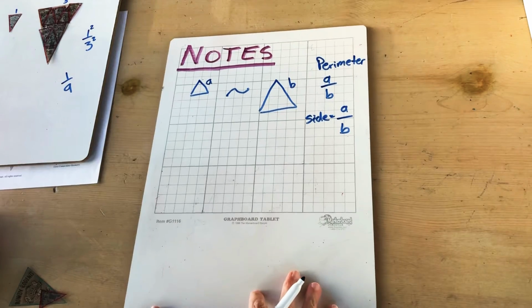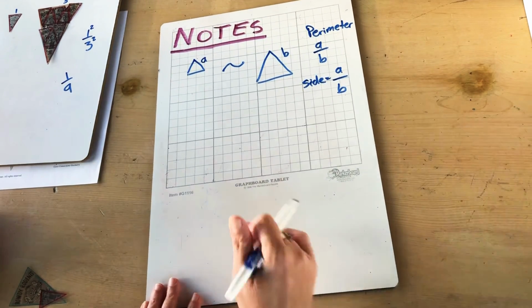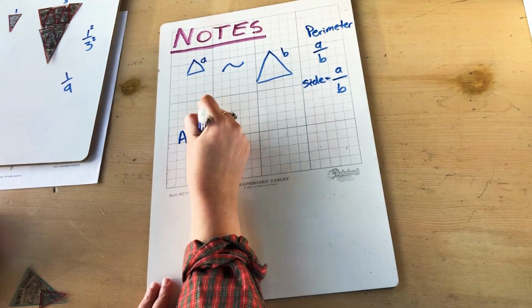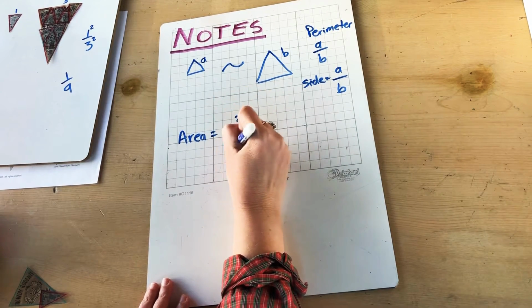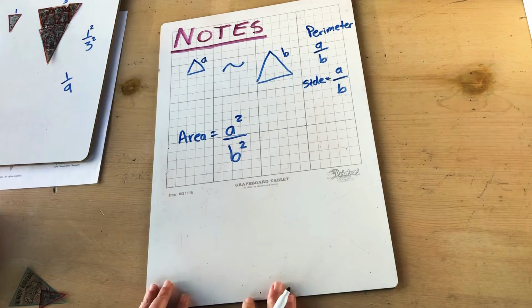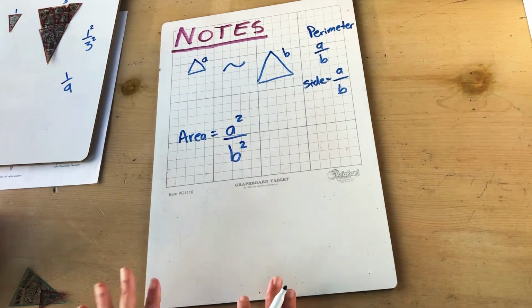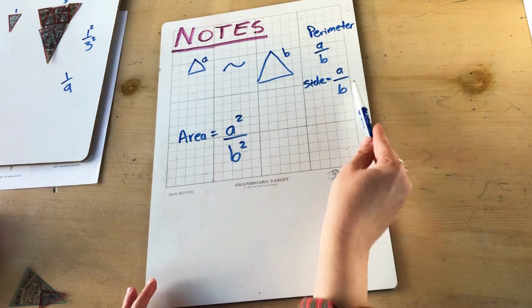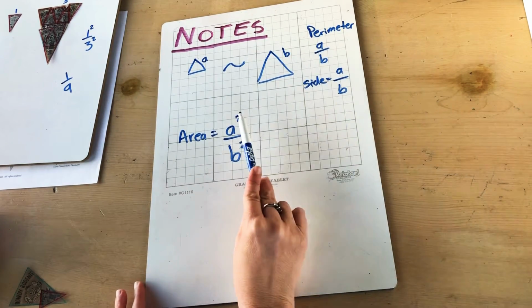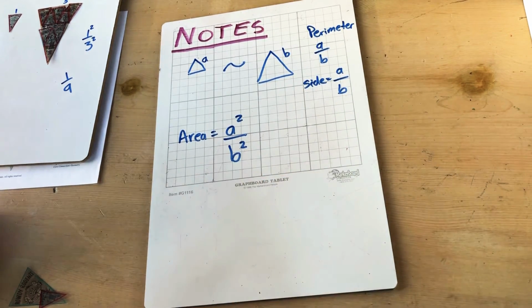So that's really important. What we need to add now is that the area ratio is actually squared. Okay, so look at that, write that down in your notes somewhere. If it's asking you to do perimeter, it stays the same ratio, but for area, you are going to have to square it, and everybody forgets the squaring part.